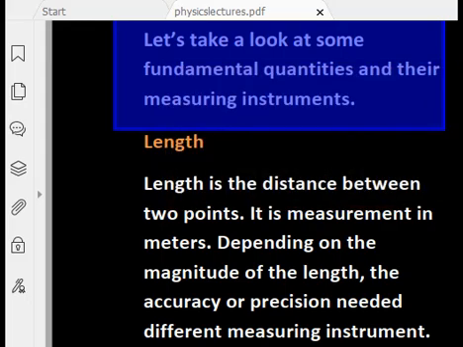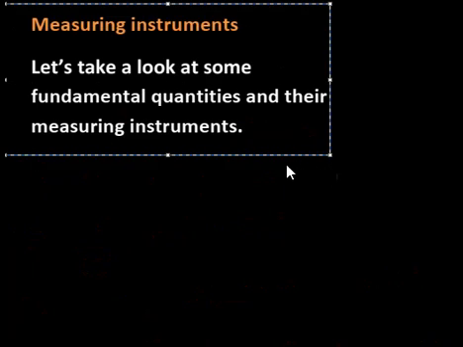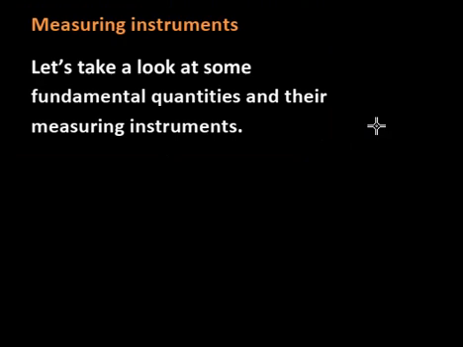There is no measurement without a measuring instrument. You take measurement using a measuring instrument. So we are going to look at some of these measuring instruments in physics, and of course how they operate.